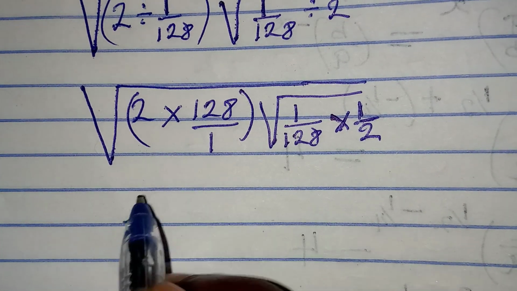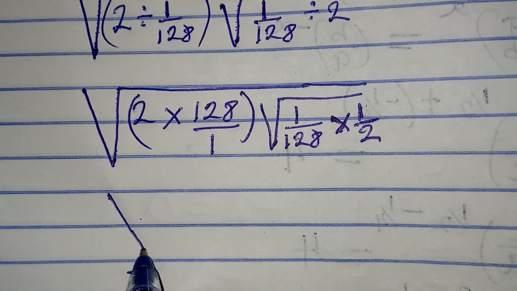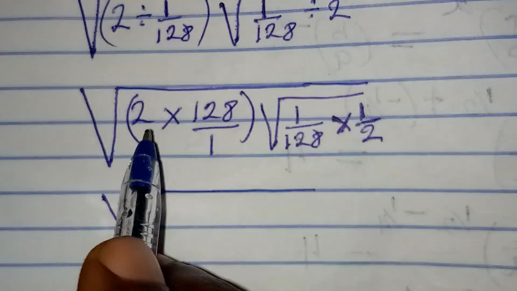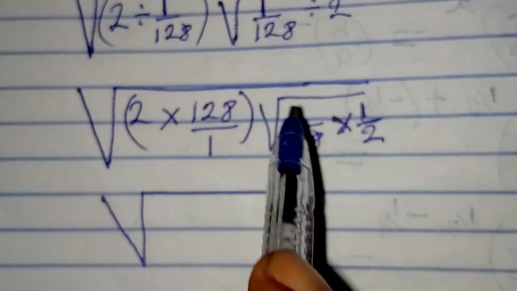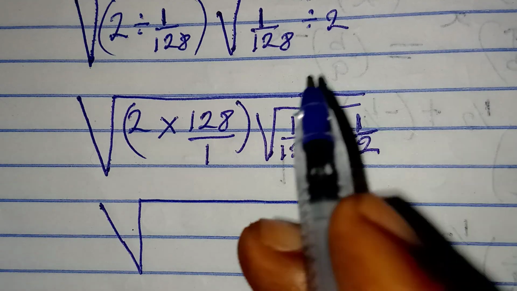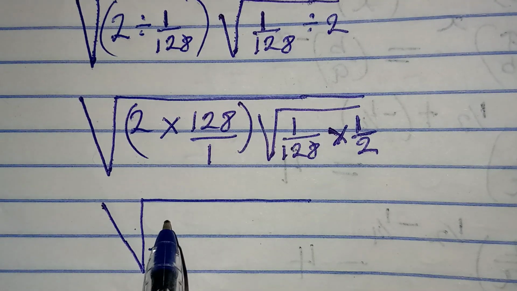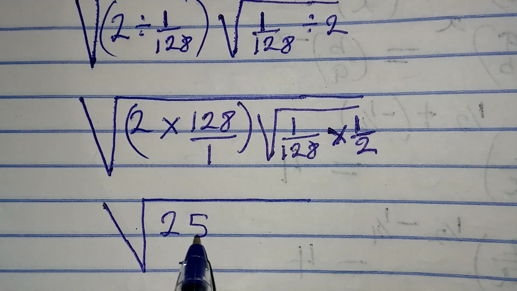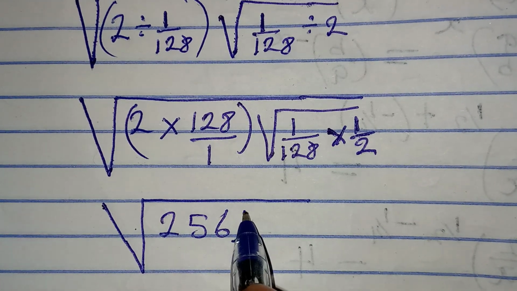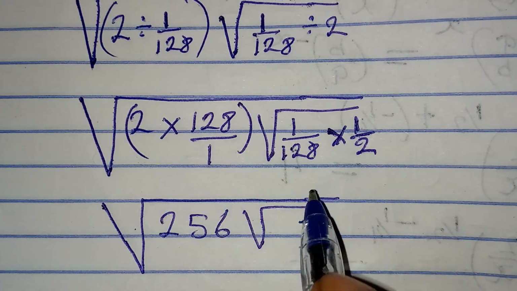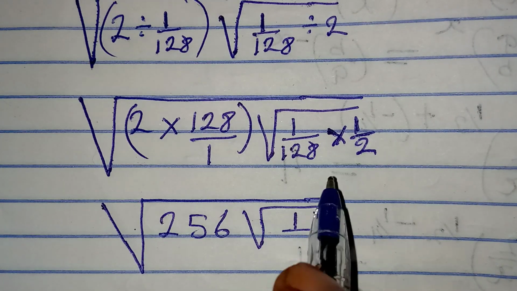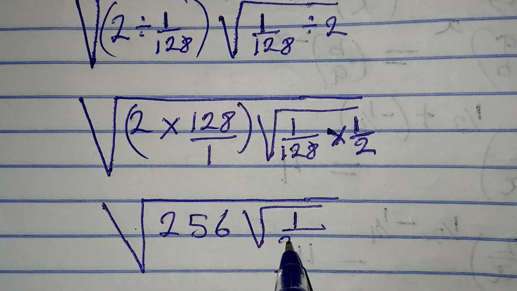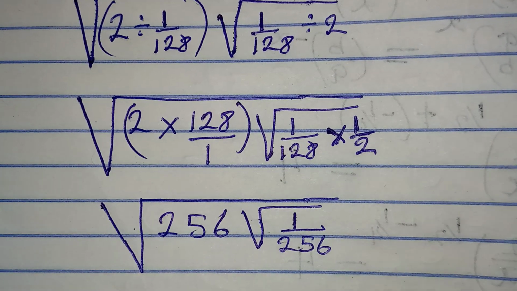If you take a step further, we are going to have 2 multiplied by 128. 2 times 128 will give us 256. Then in the other square root, I'm having 1 times 1 is 1, and then 128 times 2 is 256.